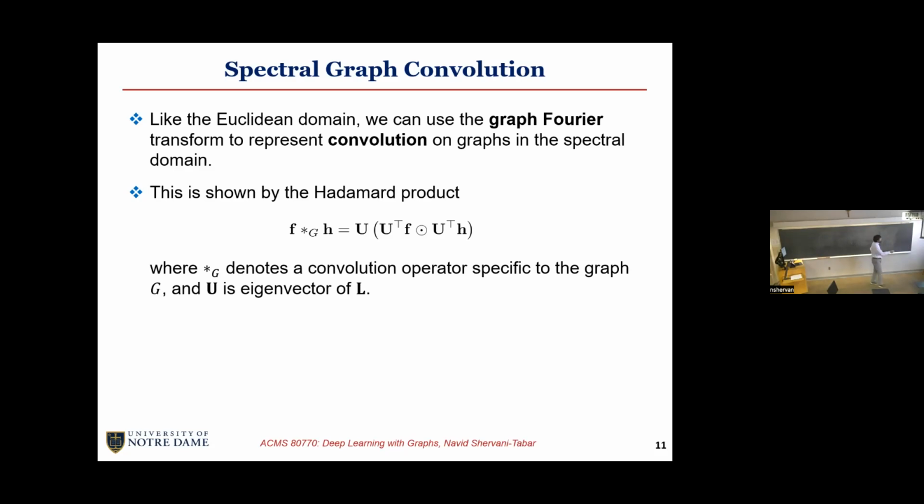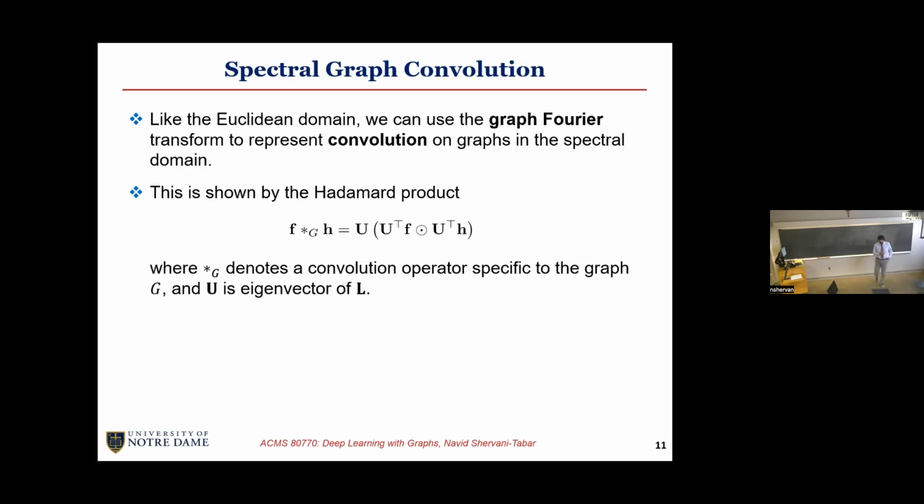We can take these, which are defined on the nodal domain of the graph, and using this eigenvector matrix, we can project them to the spectral domain, right? So the convolution that we wanted to define can now be represented as the element-wise product of the spectral representations of the signal and the filter h.